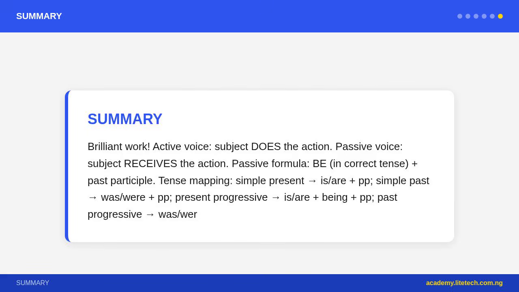Brilliant work. Active voice: subject does the action. Passive voice: subject receives the action. Passive formula: be in the correct tense plus past participle.